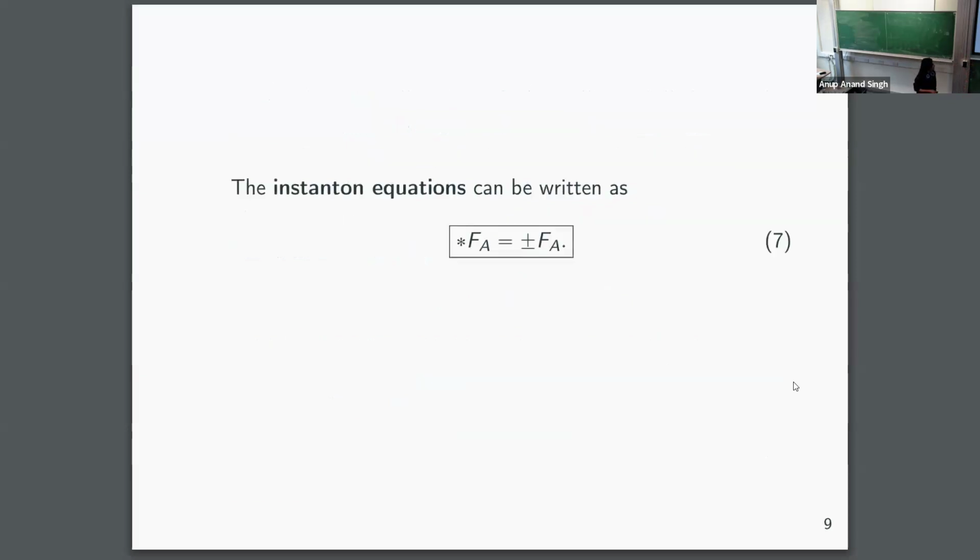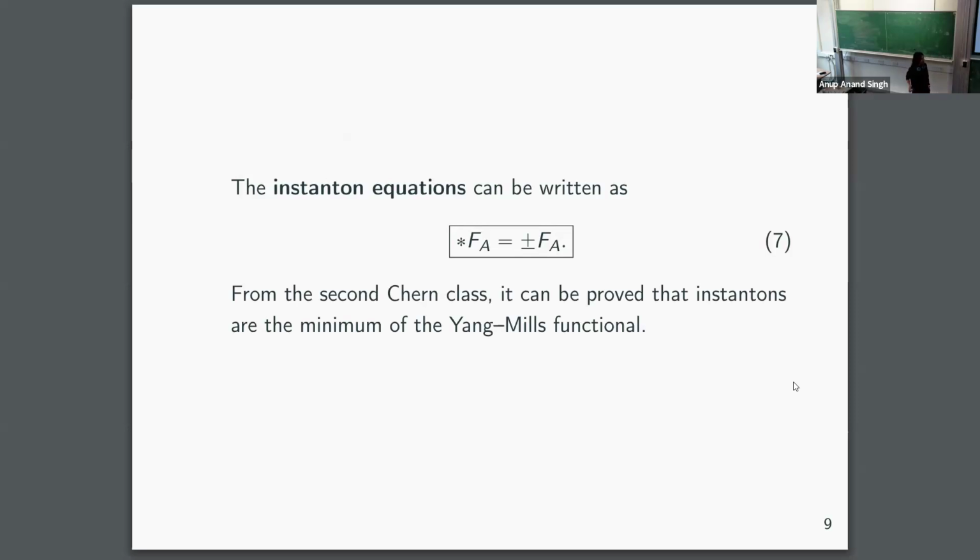Then the instanton equation can be written as star F_A equals plus or minus F_A, where the plus we will call the self-dual instanton and the minus the anti-self-dual connection. And using the second Chern class, you can actually prove that these instantons are the minimum of the Yang-Mills functional.